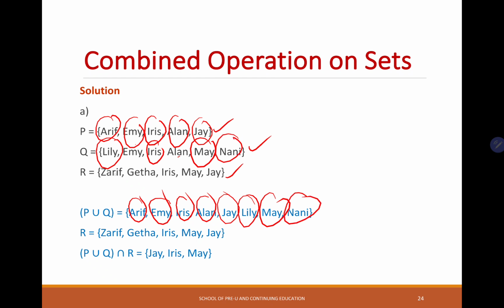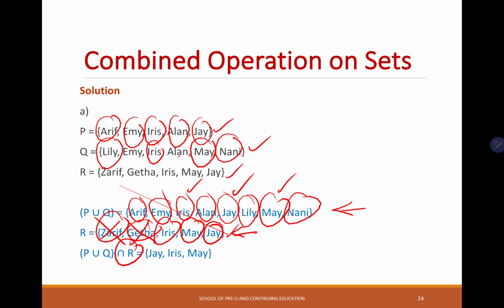Now R is Zarif, Gita, Iris, May, and J. Now we want to find this one intersect with R. We have J here, we have May here, we have Iris. Gita, we don't have. Zarif, do we have? No, we don't have Zarif. So the answer will be J, Iris, and May.